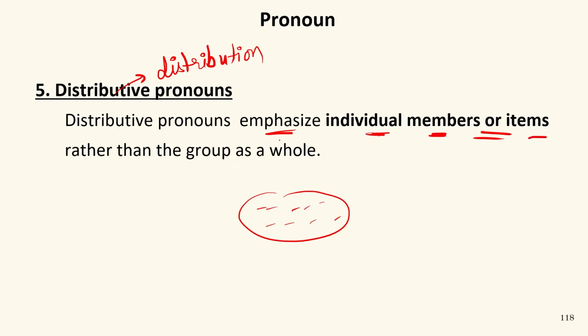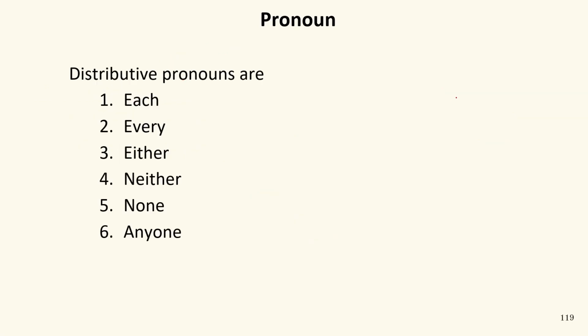Here we are not talking about the entire group, but we are emphasizing each and every member individually. This is called distributive pronoun. There are some types of distributive pronouns: each, every, either, neither, none, or anyone.